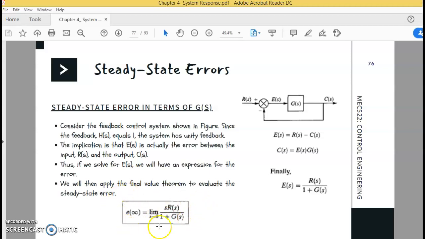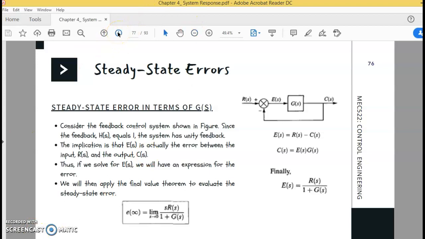These are the two important equations for finding the steady state error. In our case, we just focus on negative unity feedback. For positive unity feedback, it is different, so you need to remember.